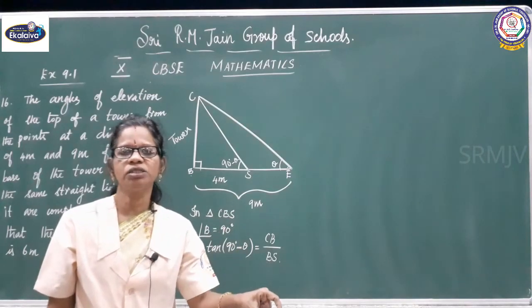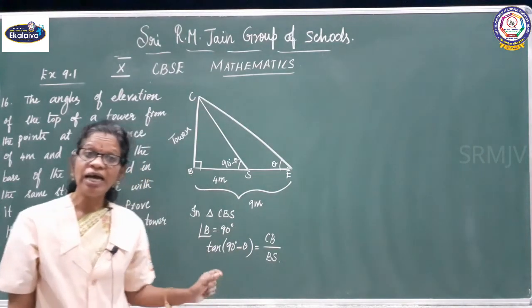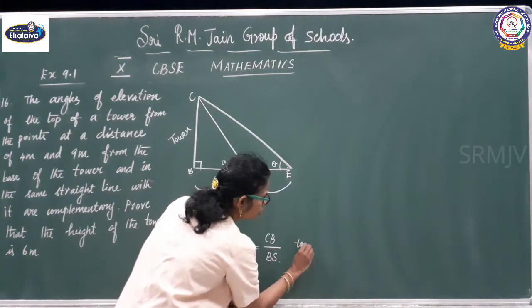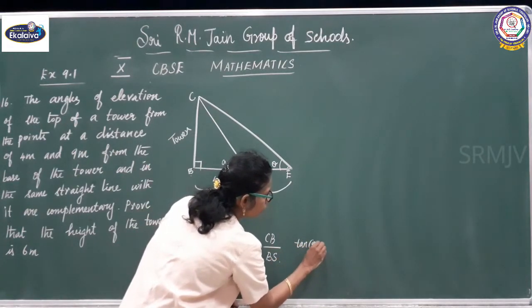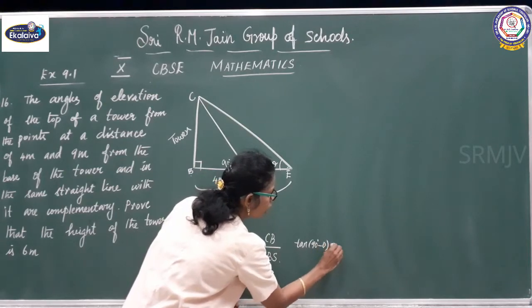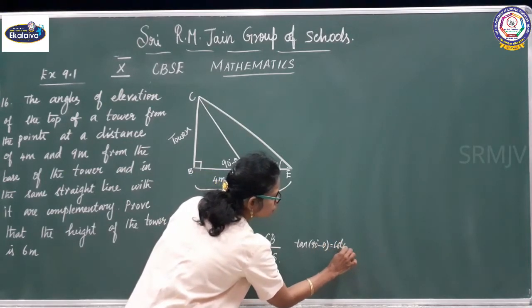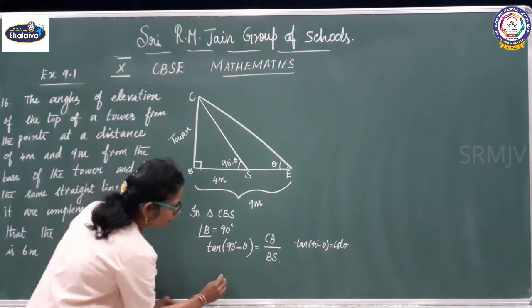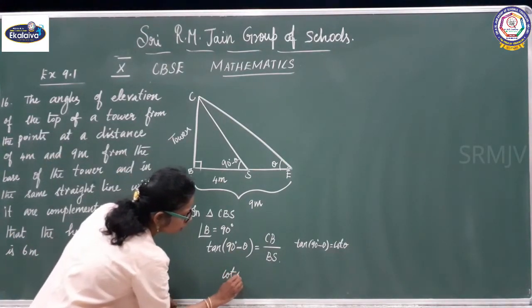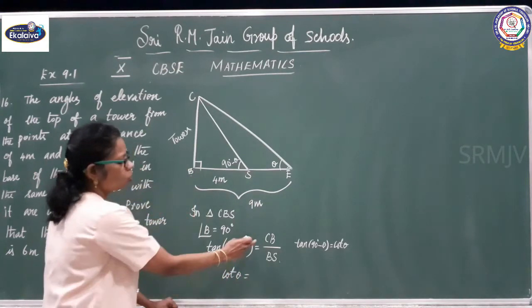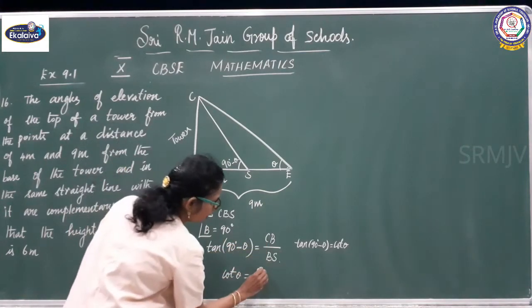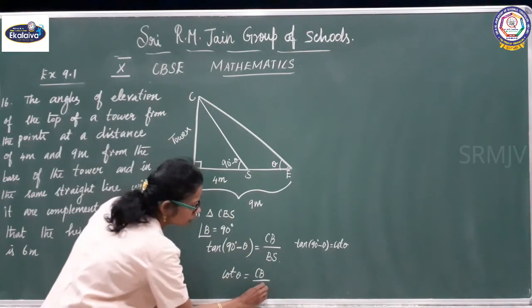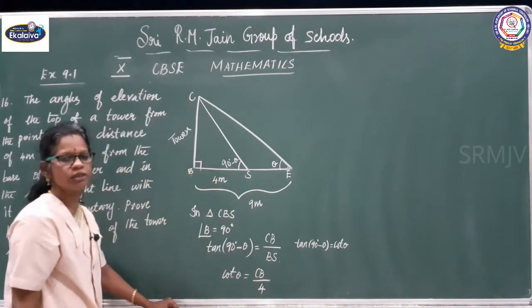Cos 90 minus theta, sin theta. Tan 90 minus theta, cot theta. They are complementary to each other, right? Now it can be replaced by cot theta equal to CB divided by BS. What is our BS? BS is 4.